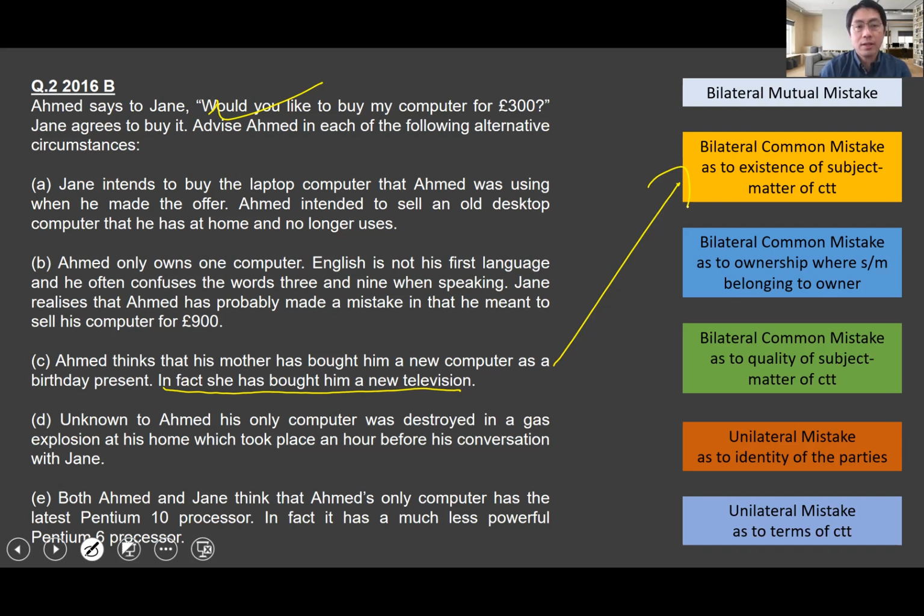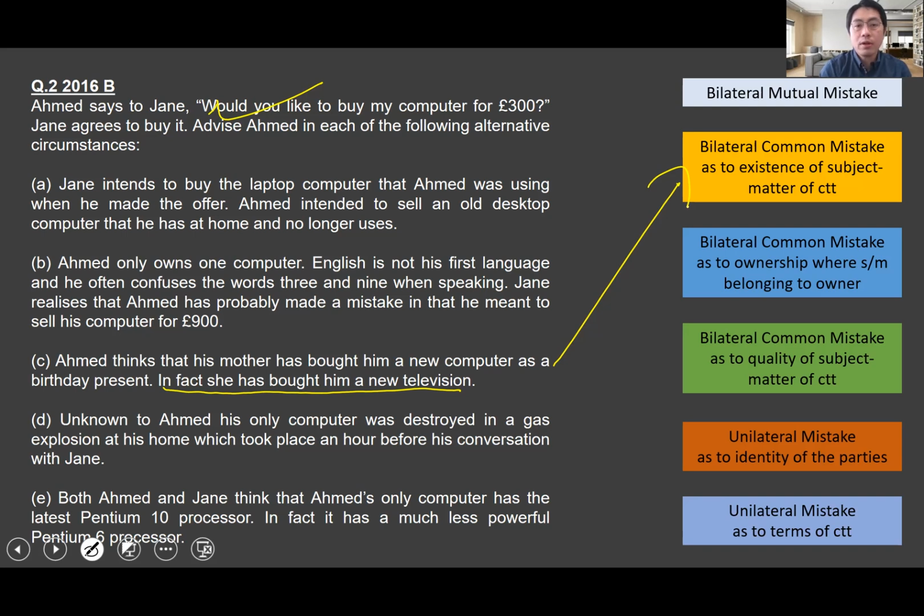Now, this is bilateral as opposed to unilateral because this is a mistake made also by both parties. In that Jane, the other contracting party, would have no idea of knowing that Ahmad would not be getting a new computer. Because Jane would probably also believe that Ahmad has that computer for sale. Jane would not know that Ahmad does not have that new computer for sale. And so it's a mistake made by both parties as to the existence.